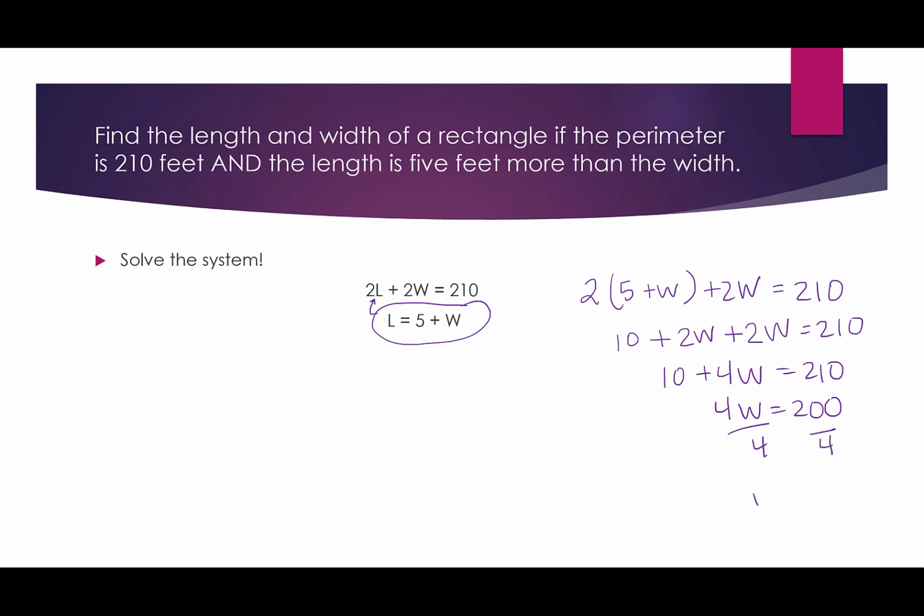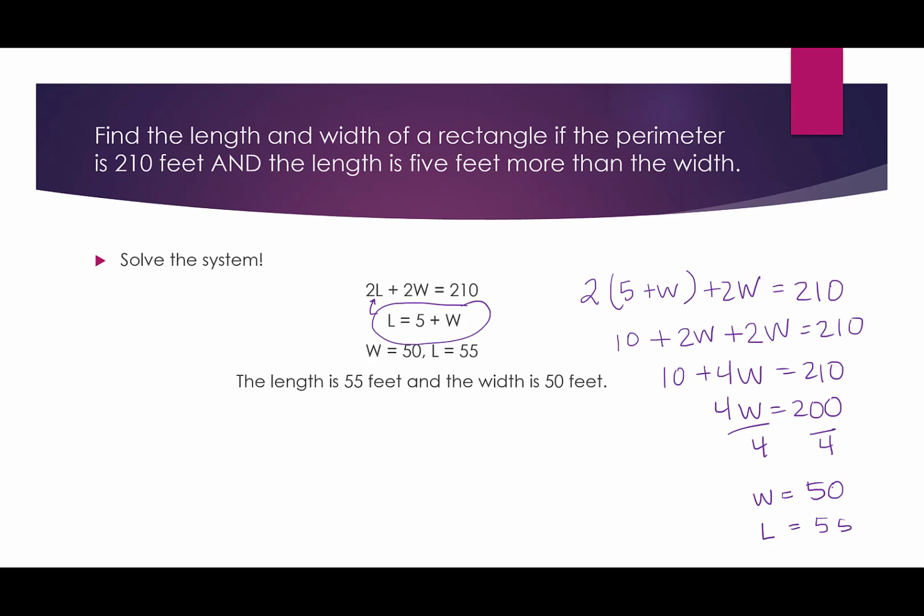Finally, division by 4 will give me 50. If my width is 50 and my length is 5 more, then my length has to be 55. So here we go, width of 50 and a length of 55. These are measured in feet.